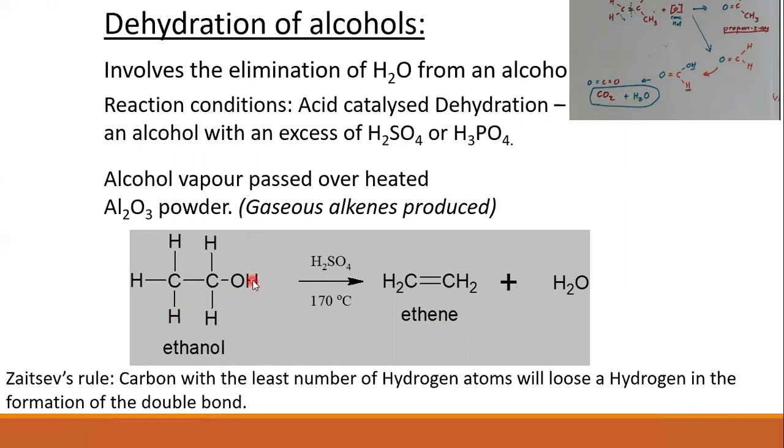The hydrogen and OH is removed, and the way that it's removed follows Zaitsev's rule: the carbon with the least number of hydrogen atoms will lose a hydrogen in the formation of a double bond, right? So we'll look at that in a bit more detail.